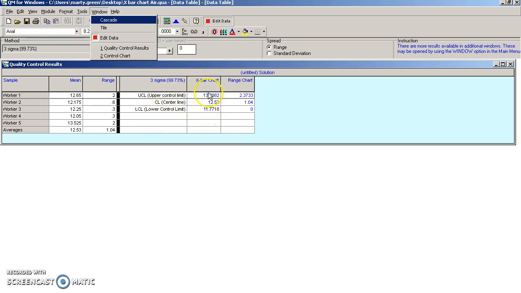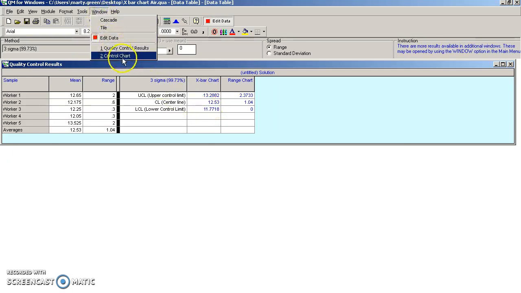Incidentally, QM for Windows runs our control chart, our X bar chart, as well as our range chart. So our upper control limit, lower control limit, and center line is right there for our range chart. For our mean chart, our upper control limit, center line, and lower control limit is right there, making it really convenient.